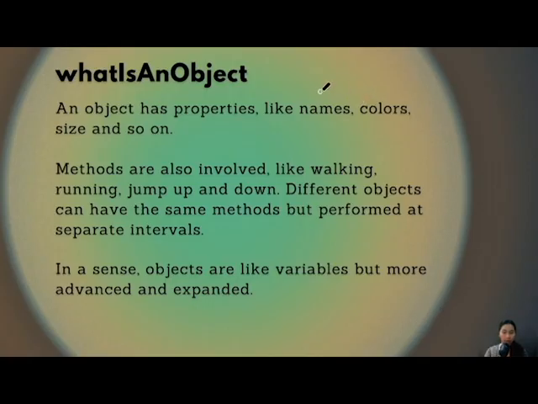So names, colors, size, width, height, maybe the date of birth as well, or their preferences, so on and so forth. Methods are also involved. Right. If I'm asking you, what does a person like to do, or what does she like to do, your friend?